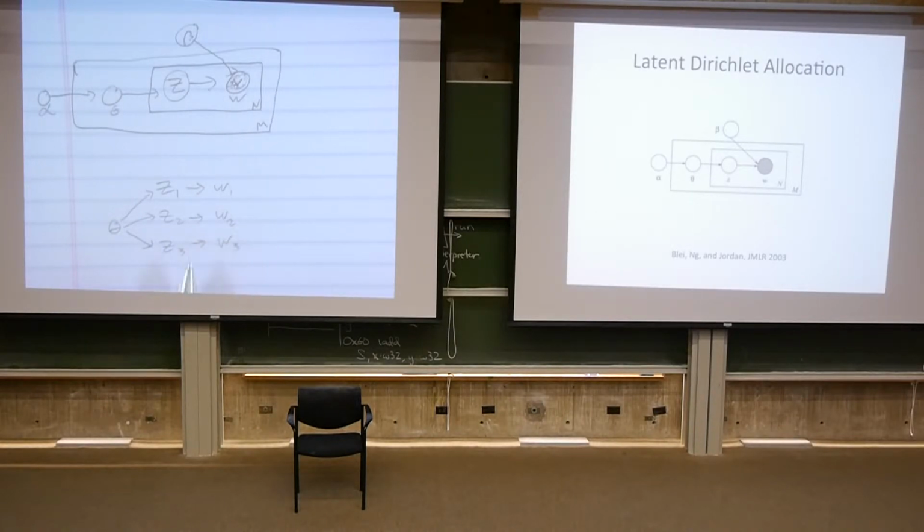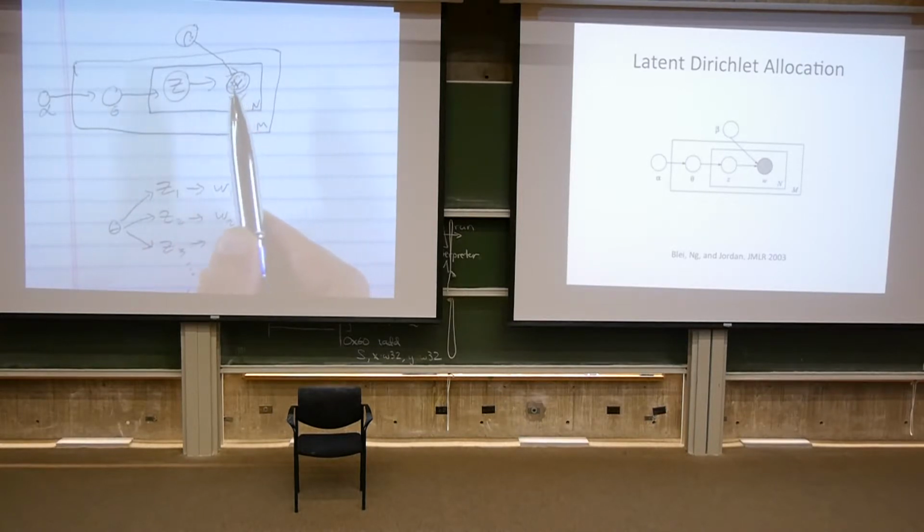So according to the model, the way that you go and write a news article is first you choose what topics it's going to be about. So you take this prior, which is a Dirichlet distribution, and choose a bunch of topics, and then you have the number of words in the document. For each word, you choose which topic it's from according to another distribution, like a multinomial distribution on those topics.